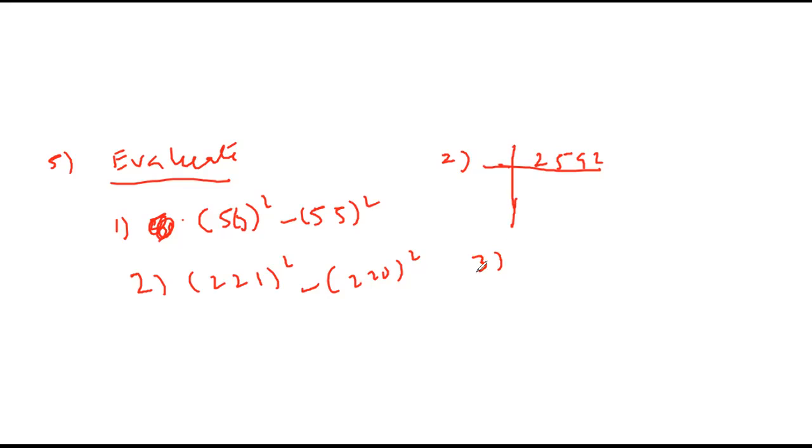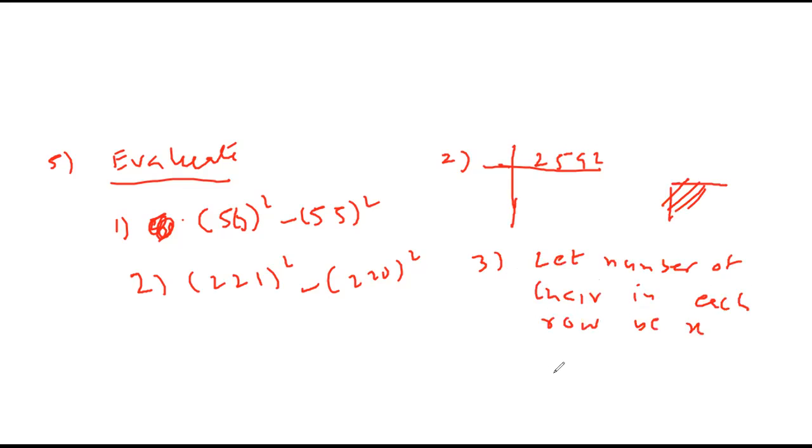In an auditorium, the number of rows equals the number of chairs in each row. So rows and chairs are the same, then the total will become a multiplication. Find the number of chairs in each row. Let the number of chairs in each row be x.